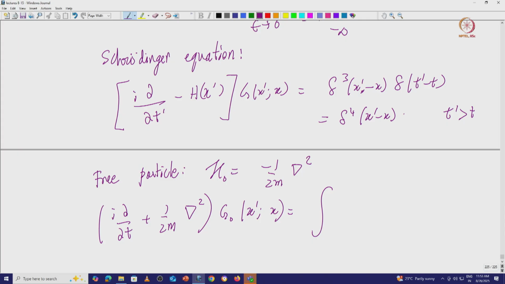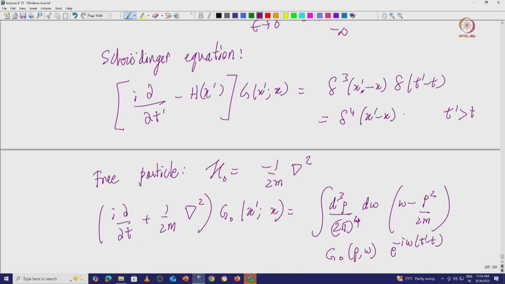Now in the momentum space this just becomes integral d cube p by 2 pi cube, d omega, (omega minus p square by 2m) G0 of p omega e power minus i omega (t prime minus t) plus i p dot (x minus x prime).